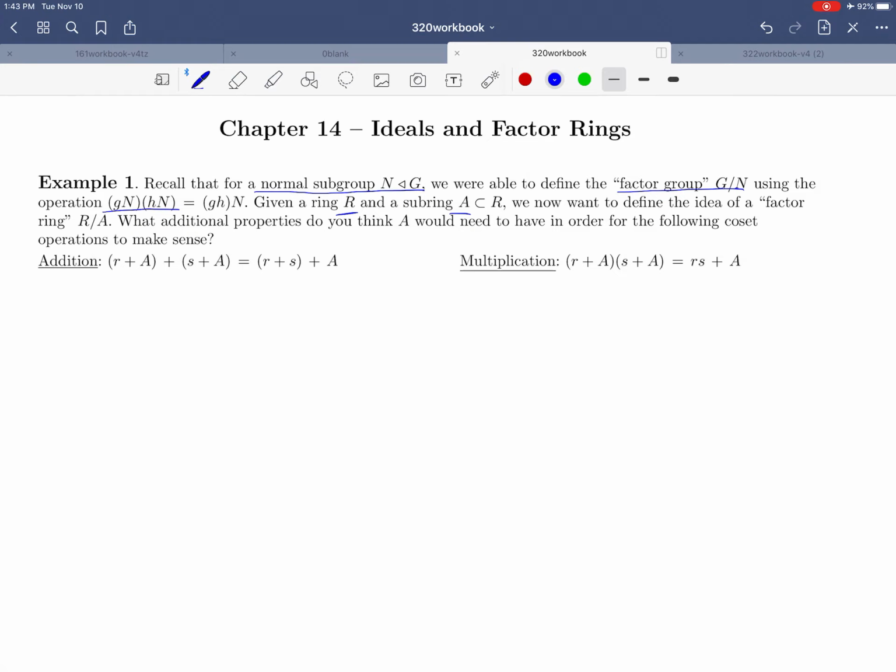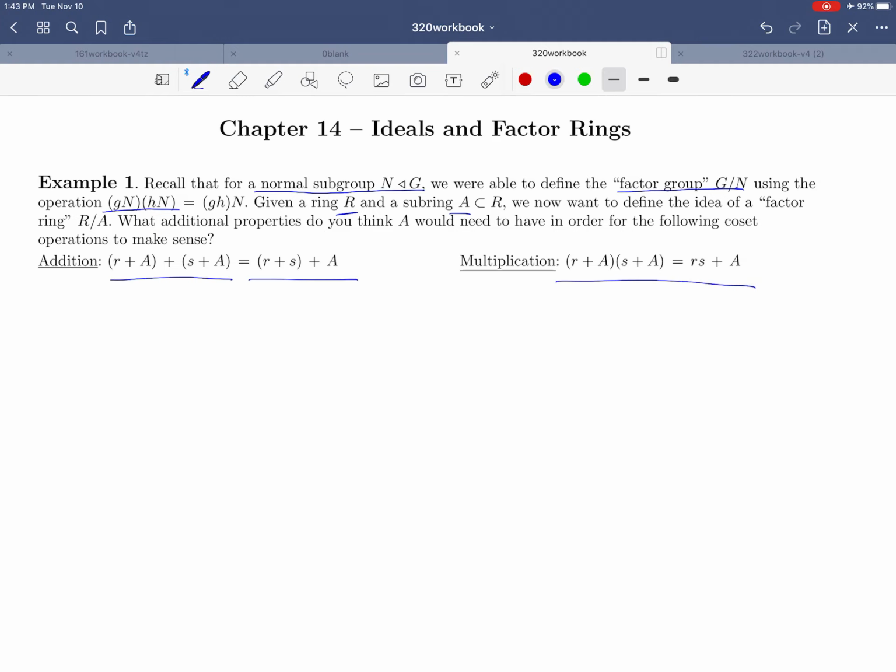So what has to be true about A so that it makes sense that (r + A) + (s + A) is equal to (r + s) + A? And similarly with multiplication. So what has to be true about A so that (r + A)(s + A) is equal to rs + A?